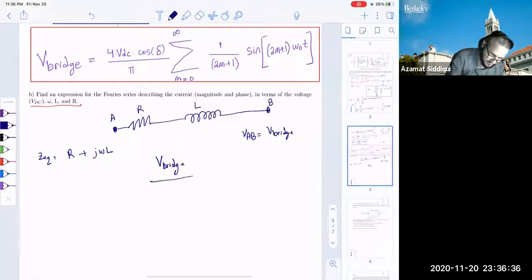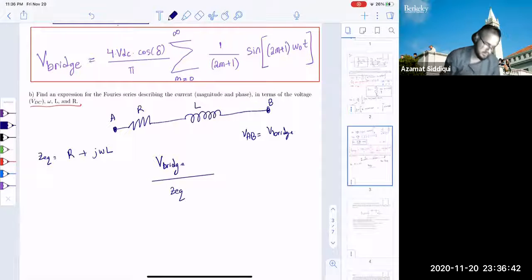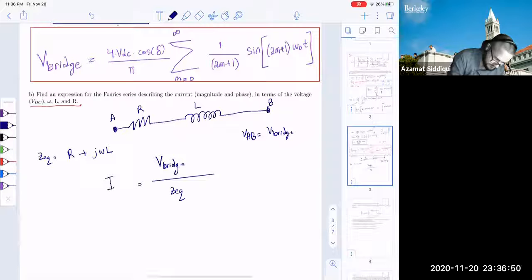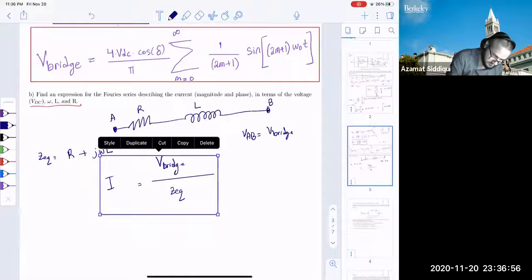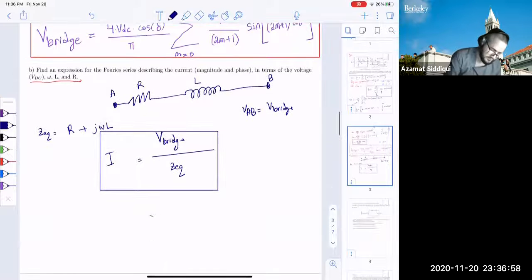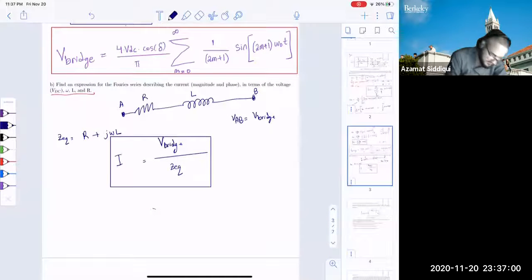And we divide that by the equivalent, which is the impedance right there, and that is going to give us a current expression. Now let's do that.